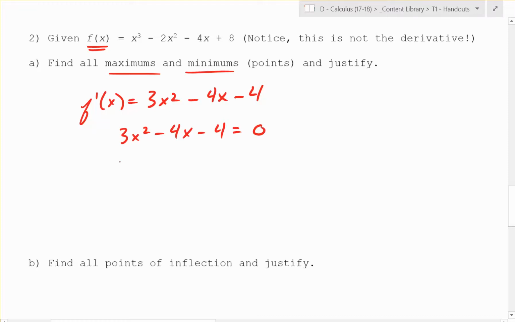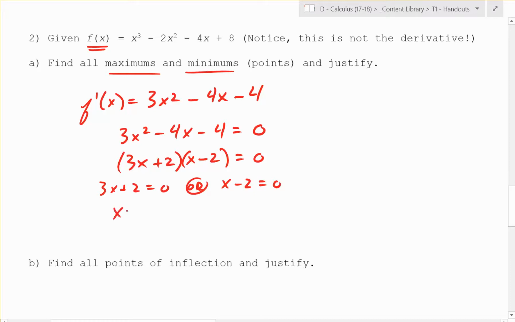So now you need to remember how to factor this, and this will factor quote-unquote nicely to 3x plus 2 times x minus 2. So this tells us that 3x plus 2 equals 0, or x minus 2 is 0, so x will be negative 2 over 3, or x is equal to 2.